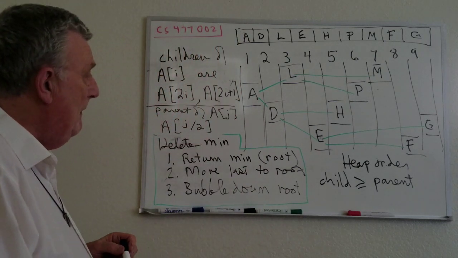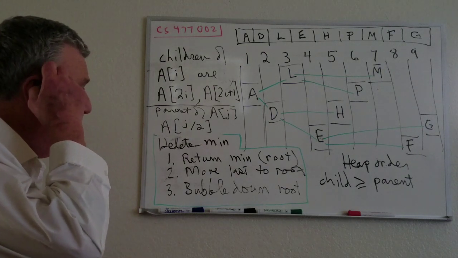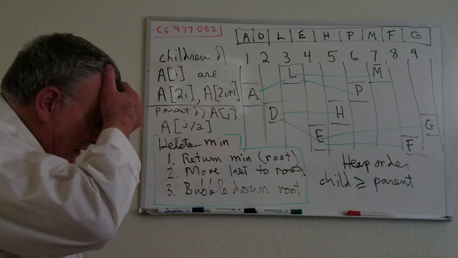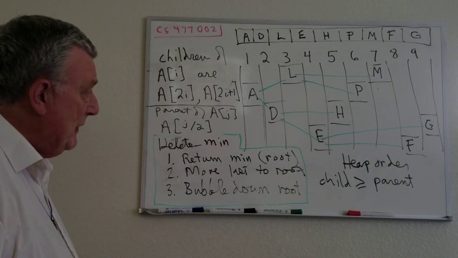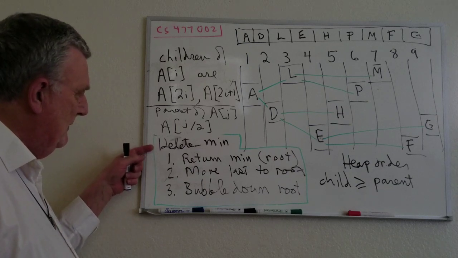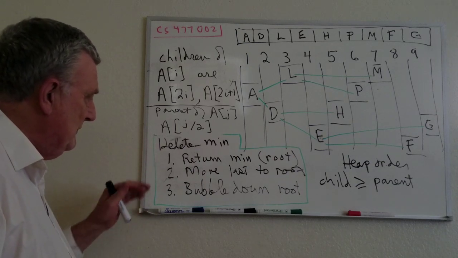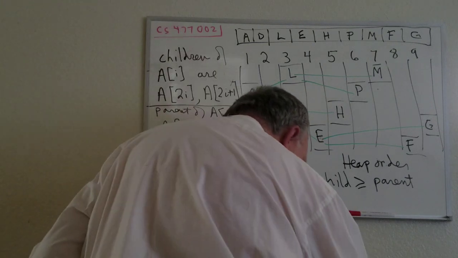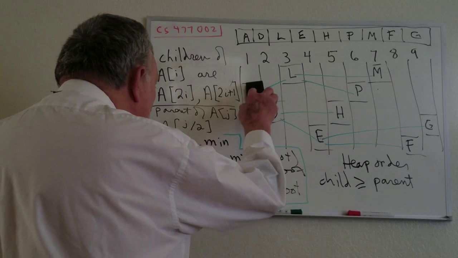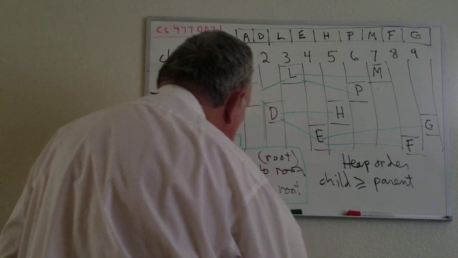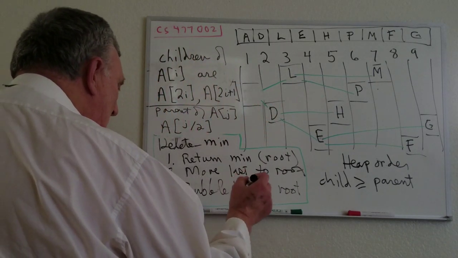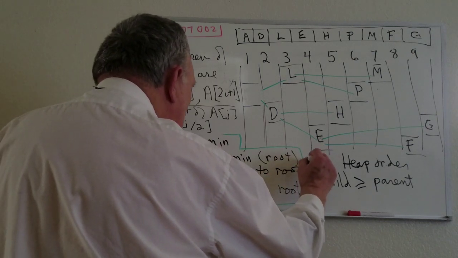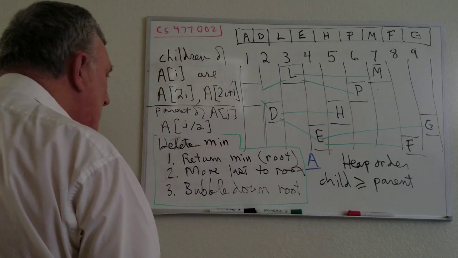All right, now, in a heap, you have to do insertion and deletion, and when you delete, you have to delete the minimum one. So let's look at the delete min operator here. The first step is to return the value of the minimum item. So that means that the minimum item in this situation would be A. So that will be the value returned by the delete min.